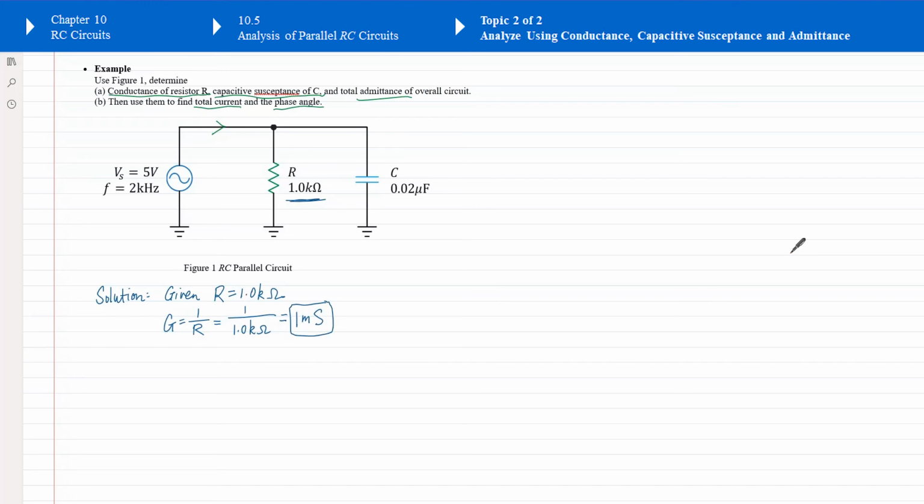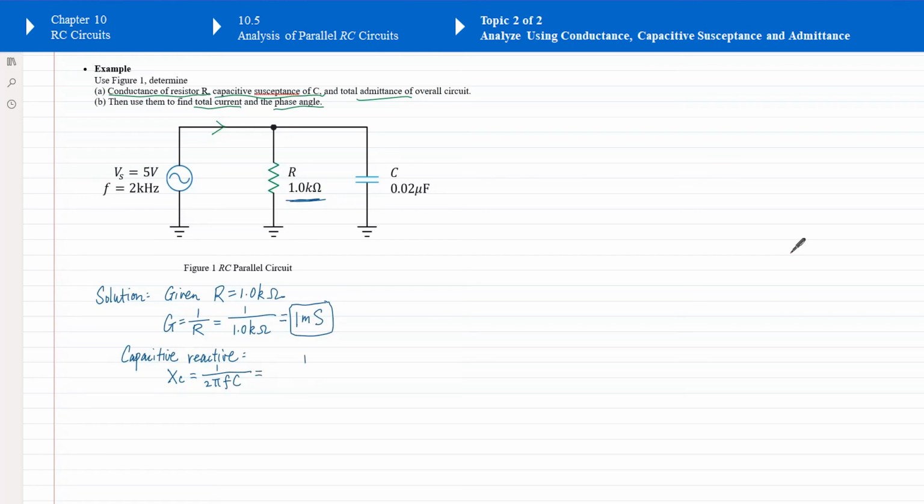Next, we can find the capacitive reactance. And this is Xc. Xc is 1 over 2 pi Fc.